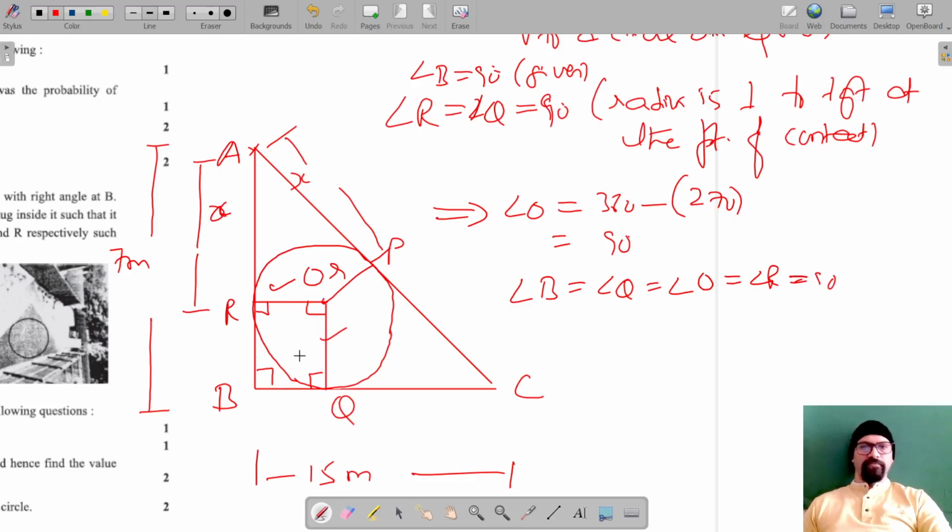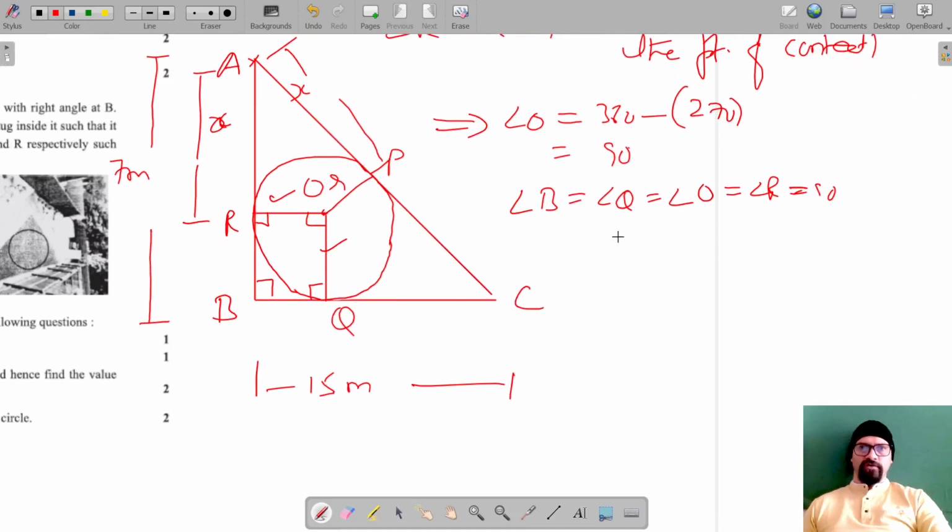So angles B, Q, O, and R are all 90-degree. So this is either a rectangle or a square, and also OR is equal to OQ, because these are the radii of the same circle. So these are the adjacent sides. In a rectangle, opposite sides are equal, but in a square, the adjacent sides are equal.